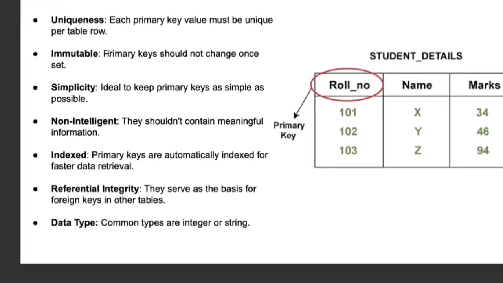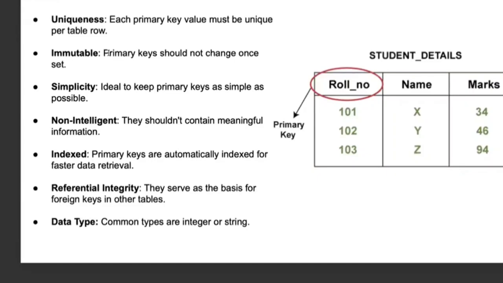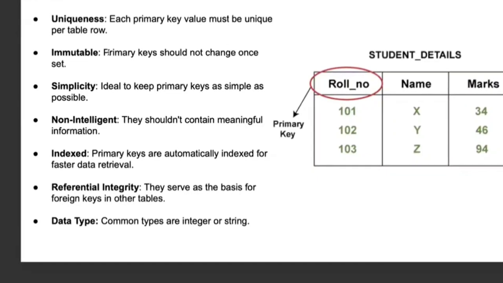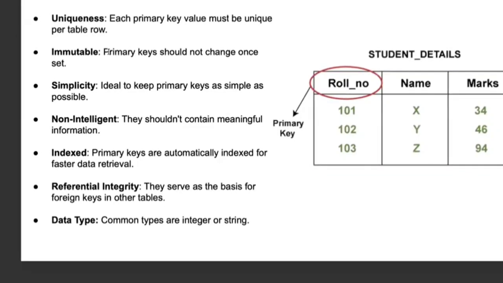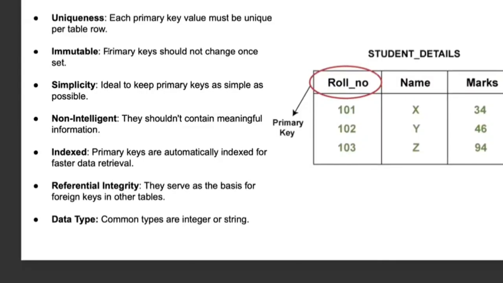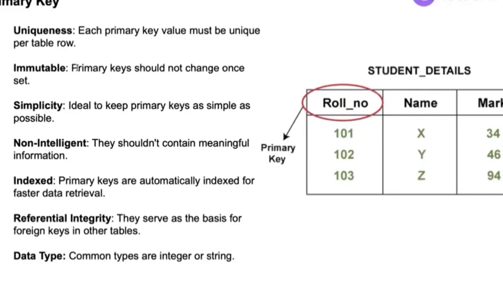If it starts having duplicate values, then it is not solving our purpose. It is not solving the uniqueness purpose, because there are two records which are different but have the same primary key. So that becomes very important here.